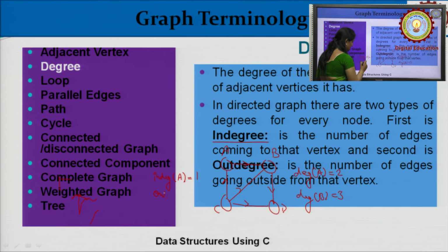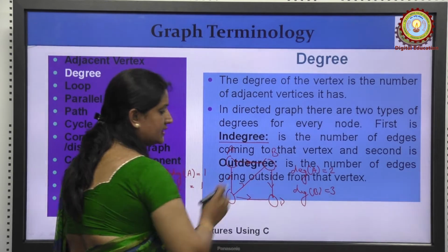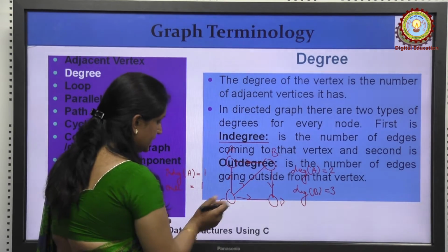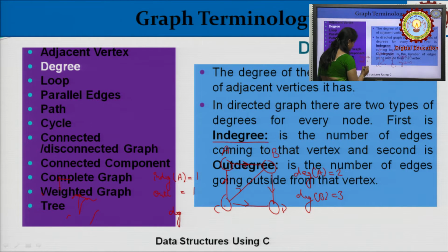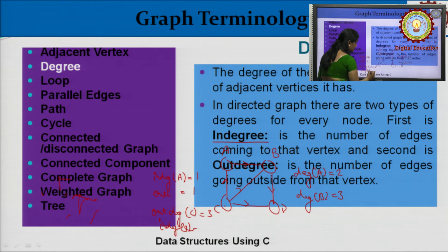The out-degree of A is 1 because 1 edge is going outside. The out-degree of C is 3, there are 3 edges going outside from the C vertex, but the in-degree of C is 0 because no edge is coming to that vertex.